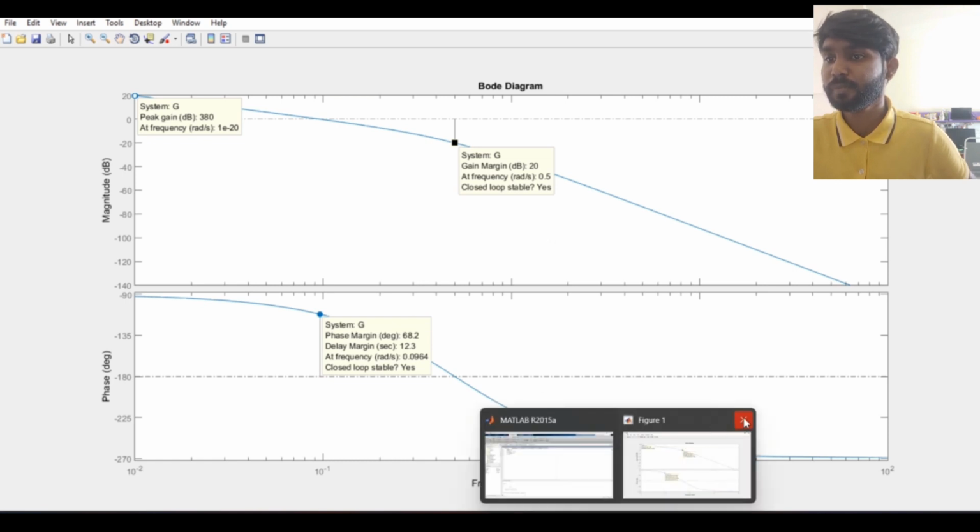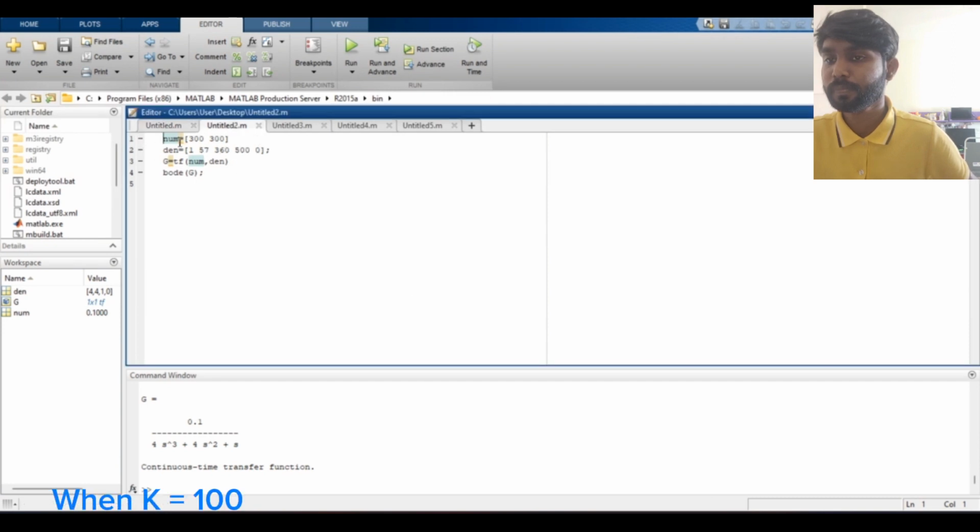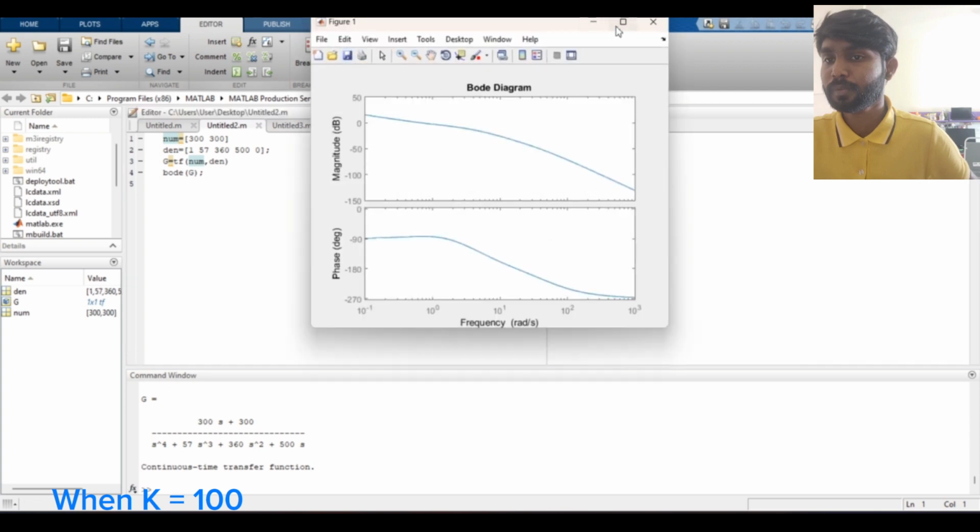Then we'll go for when the value is 100. This is the coding, and this is the graph.